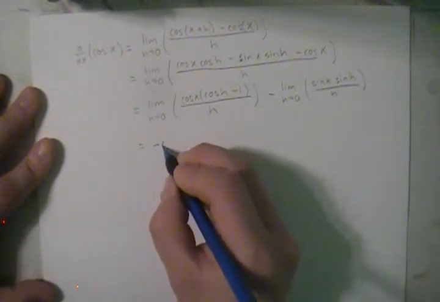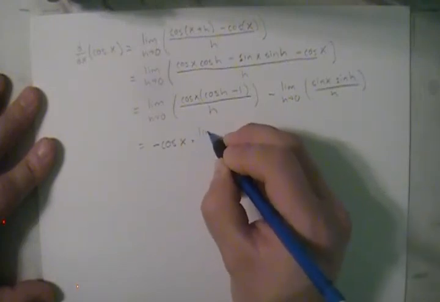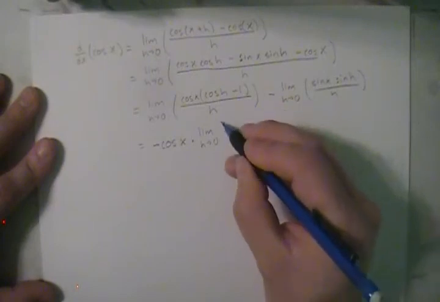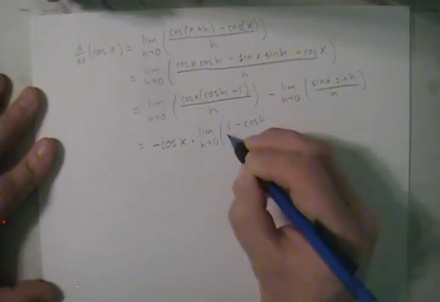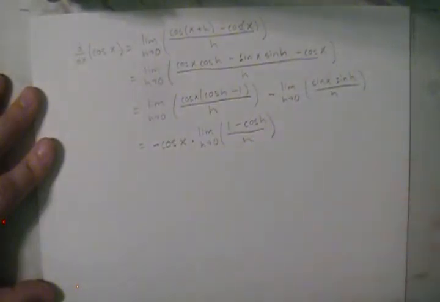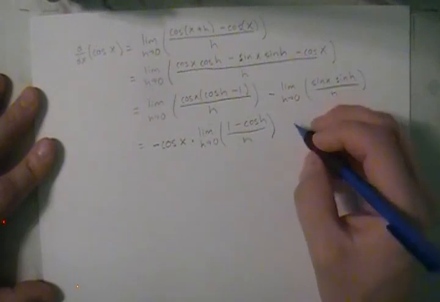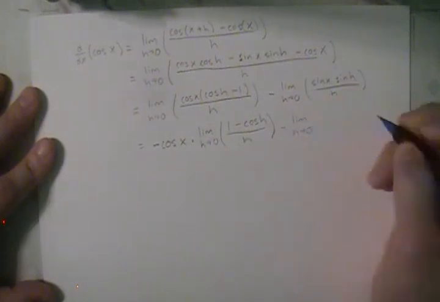I'm going to factor out our negative cosine x, multiply that by the limit, and we'll leave everything with an h term inside, and that's 1 minus cosine h divided by h. So I factored out the negative. Instead of cosine h minus 1, it's 1 minus cosine h, and minus the limit as h approaches 0.